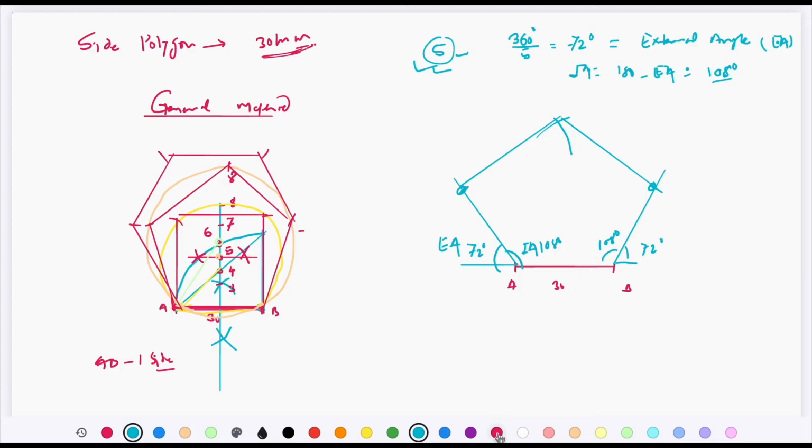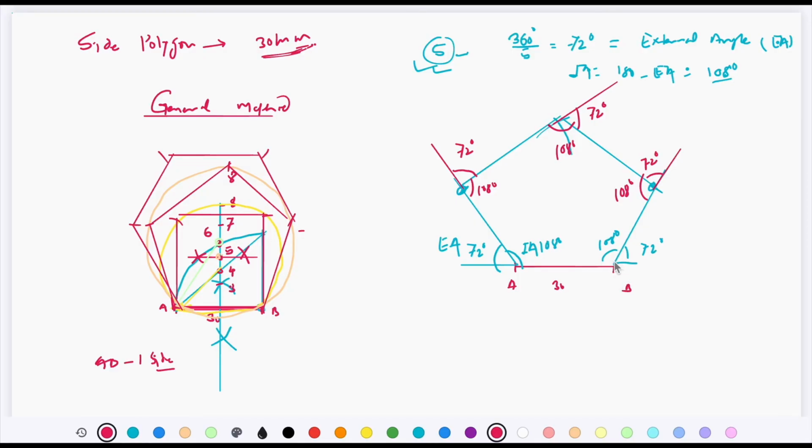Now you can see this angle will become the external angle 72, this will become 108. This angle, the external angle, will become 72, this internal will become 108. If you consider this line, this angle is going to be 72 and this angle will become 108.